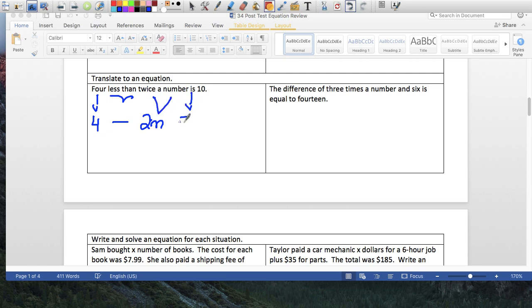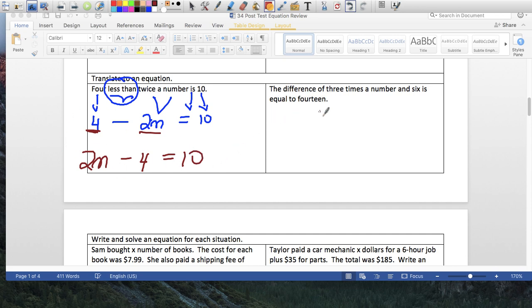Is equal, and 10 is 10. Are you done? Hopefully you know that you're not, because less than, it's a turnaround word, so we're going to switch positions. So the 2n is going to come in the front, and the 4 is going to come here. These two have to switch positions, and that equals 10. Okay, so that's our translation.